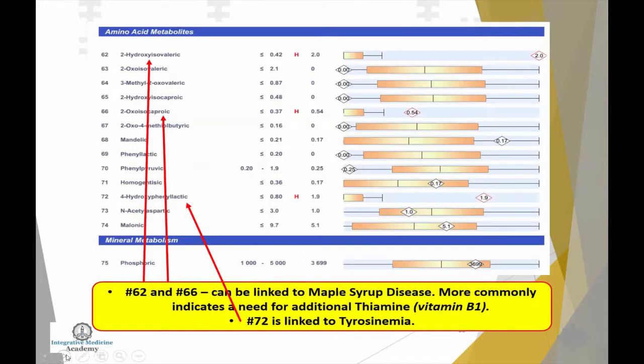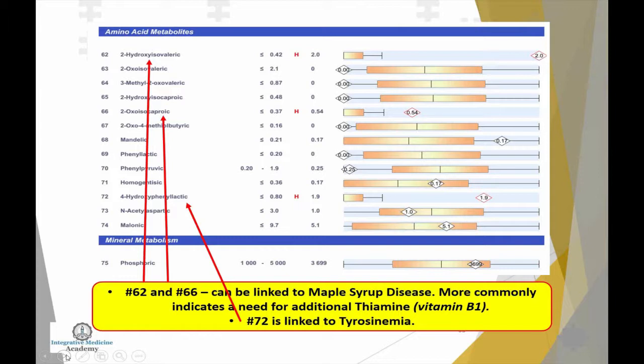A couple other markers that are lesser seen, lesser known on the organic acid test are things like number 62 and 66. Okay, again, most of the time these levels, when they do show up, are fairly low. They're not extremely high.